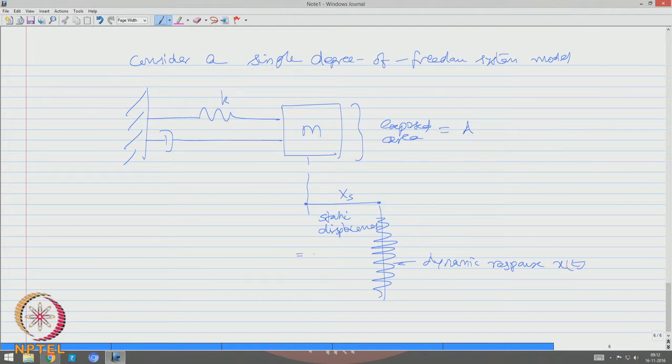So, static displacement we know is actually F bar by k. So, I can now say the total response could be the static response plus the dynamic response due to V of t.